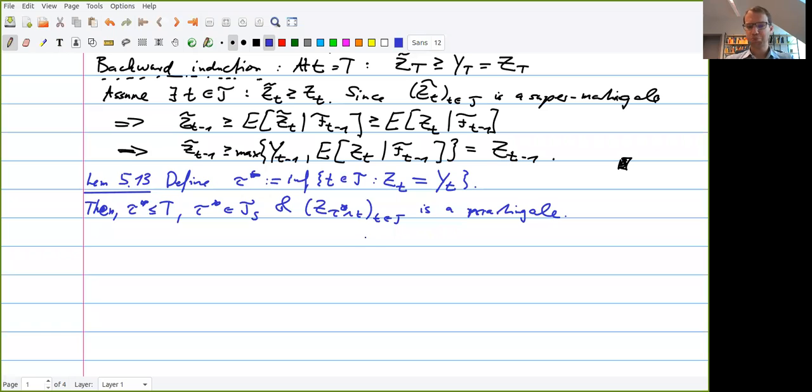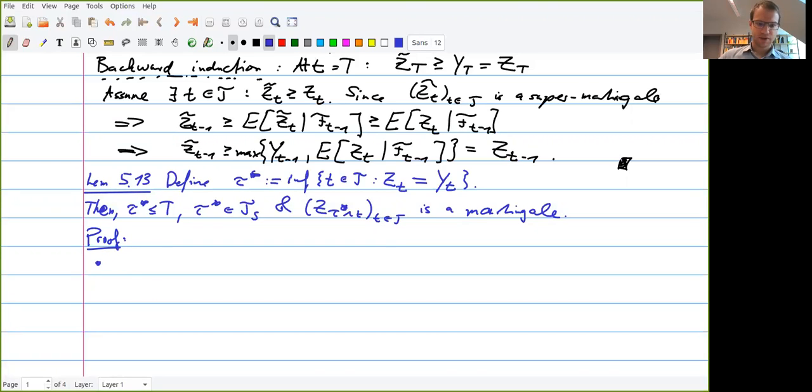That's good because this means tau star is an admissible stopping time, in the sense that it's really a bounded stopping time, as we are considering in our optimal stopping problem.